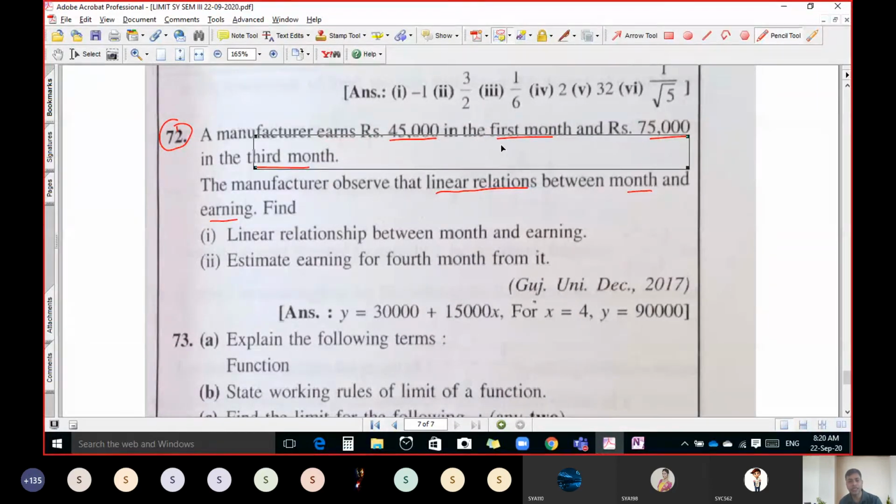We don't know about the second month, but it is observed that the relation between time, meaning month, and earning is linear. You have to find this linear relationship, and on the basis of that, find the estimated earning in the fourth month. So this is our question.